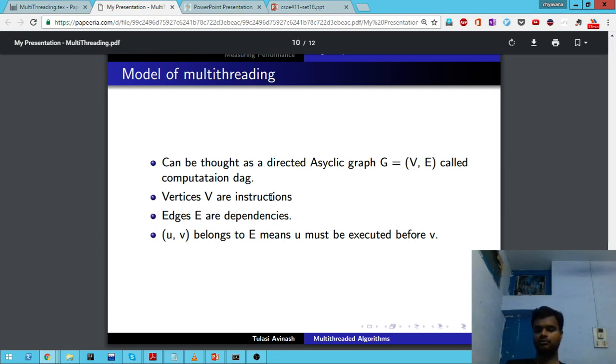So we can say that these are instructions that spawn new threads or that call new functions. And then there are edges which connect these calling processes with the called processes, and these edges denote dependencies.